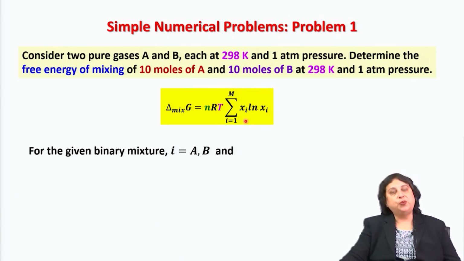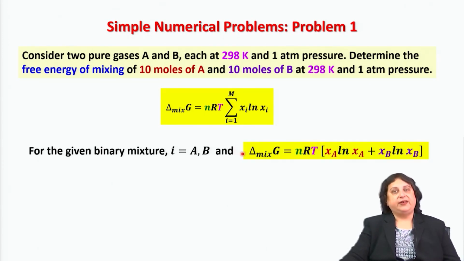There are only two components, A and B. Accordingly, I can write down delta mix G equal to nRT (xa ln xa plus xb ln xb), where xa and xb are the mole fractions of the gases A and B in the ideal gas mixture.